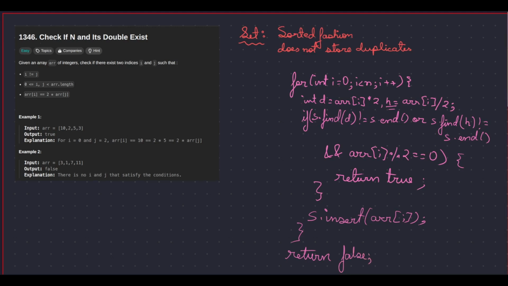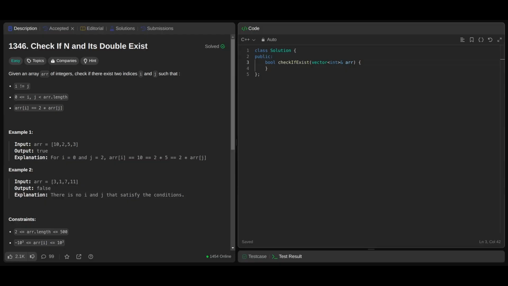So let's just quickly code this up and check if our solution works. So let us quickly code this up, and let us declare a set of the type integer. Now we will iterate through every element in the original array. i equal to 0, i less than arr dot size, and i plus plus. Now what we were doing is basically store the double, so arr of i times 2, store the half, which was arr of i by 2.